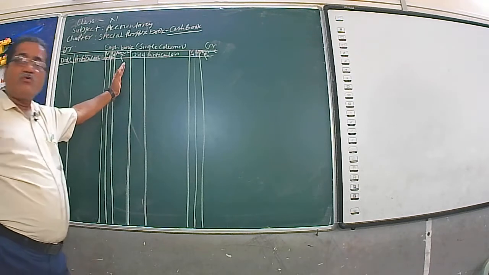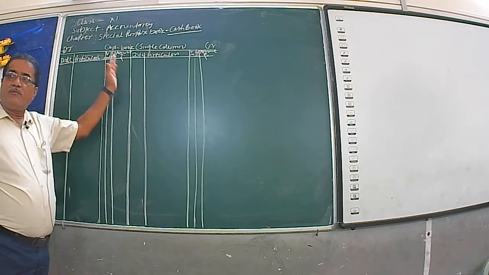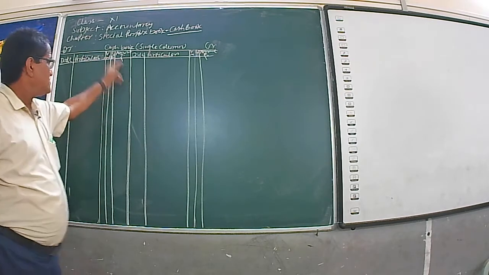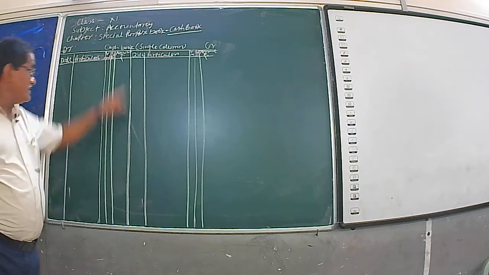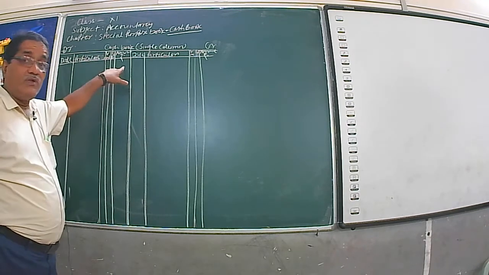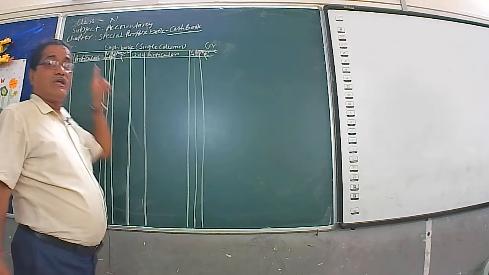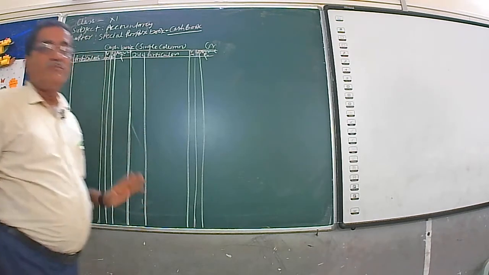And this is the amount column, where you will write the amount of the transaction. You can see only one amount column here. That's why it is considered a single column cash book or simple cash book.